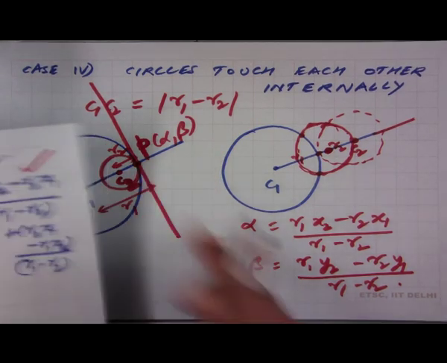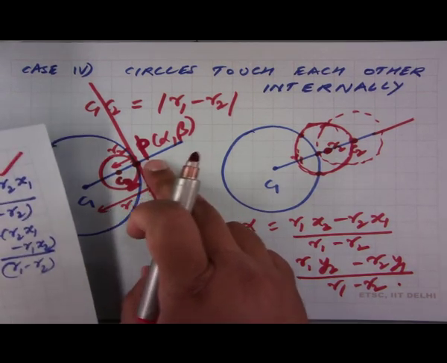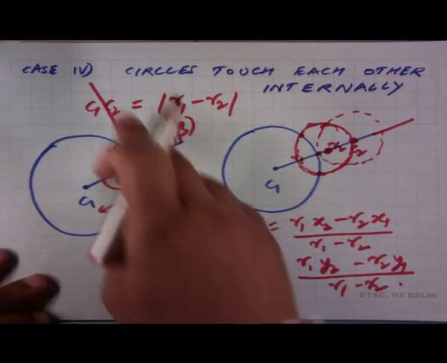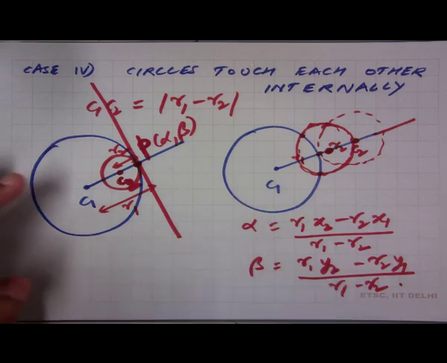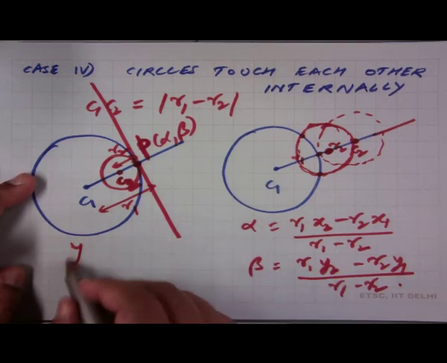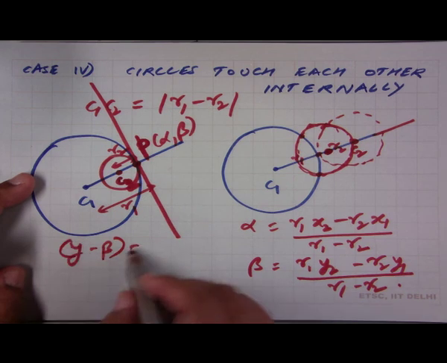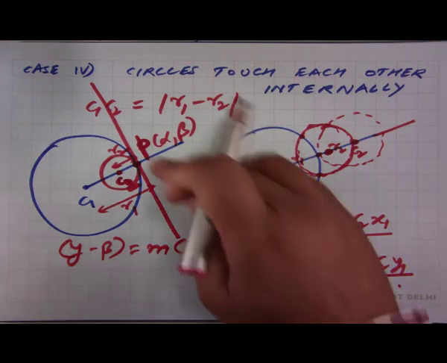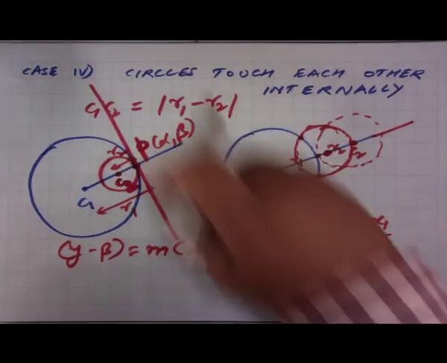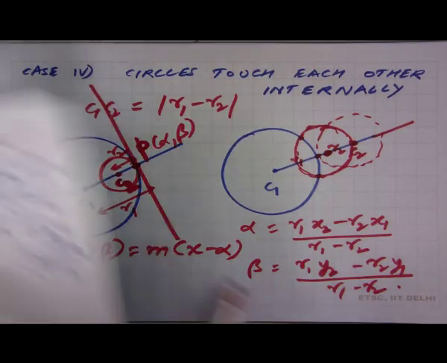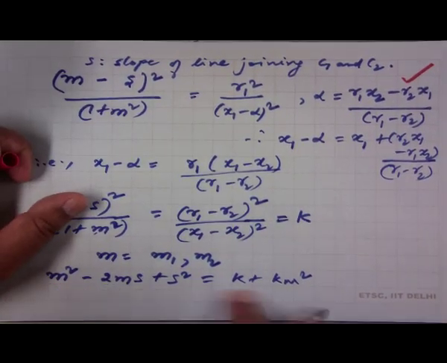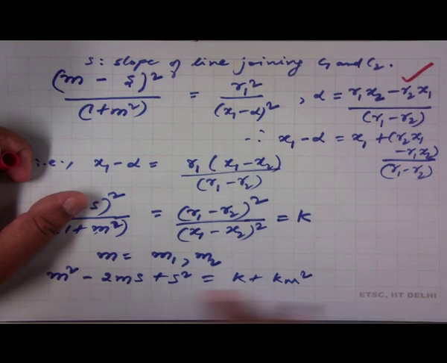And then once we know the coordinates of this point, the equation of this particular direct common tangent will be y minus beta is equal to m into x minus alpha, because we know that this point will lie on the direct common tangent, and we will get the value of m by solving this quadratic equation, which will have equal roots.